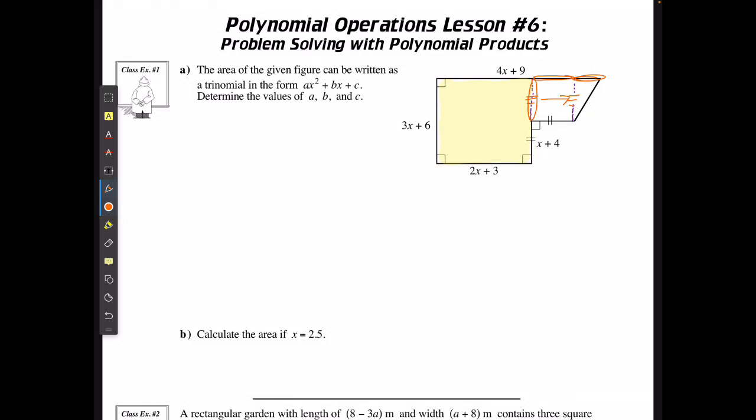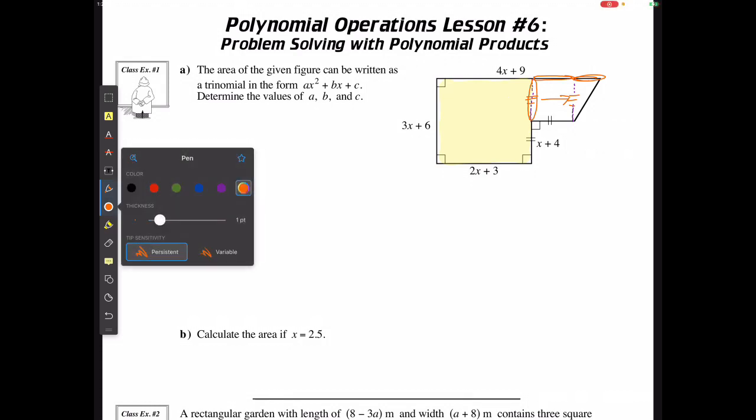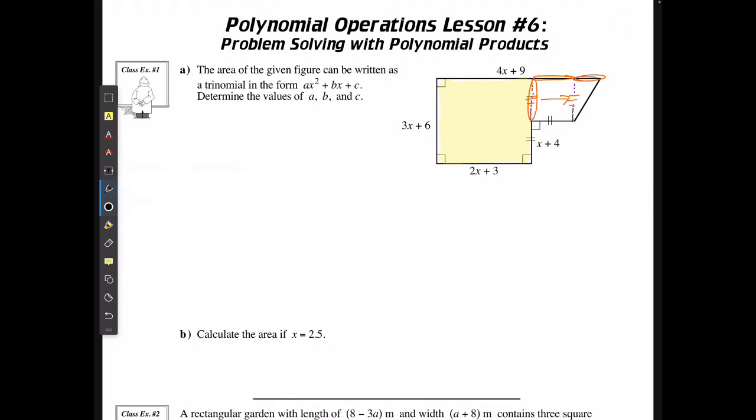So the first thing I need to do is find what these missing side lengths are. If I'm finding the missing side lengths, then we've experienced this before. I'm going to figure out what it is based on the information that's given to me here.